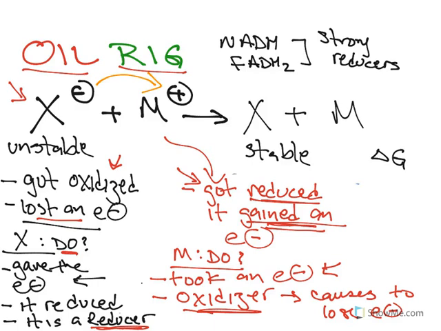So strong reducers would mean molecules that easily give up electrons. Now we're going to go into the next segment and specifically look at NADH. We look at NADH specifically only because FADH2 is very similar to what NADH does and is. Okay, so hope this helps.